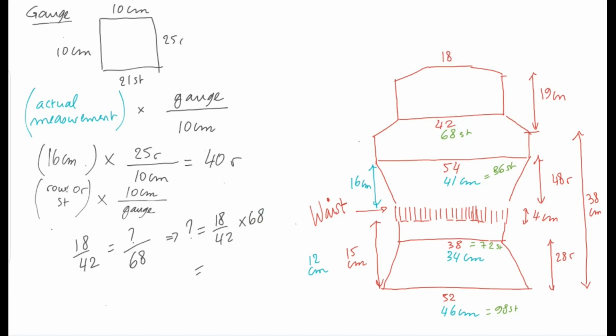And I find that that's 29. Not a fan of odd numbers. I've been working with even numbers, so this won't work. So I'm going to make that 30. A little wider neck won't hurt by 1 stitch. Again, not a big difference. So mine needs to go to 30 stitches.